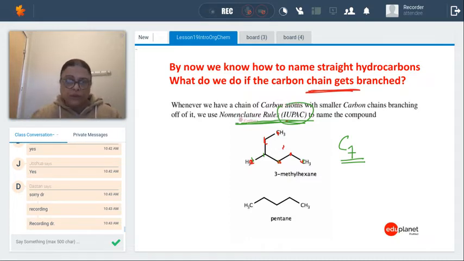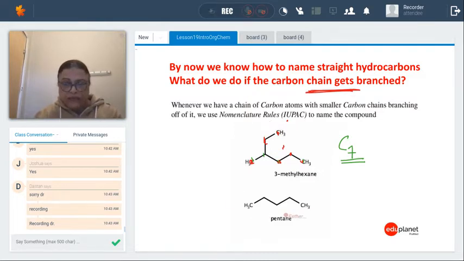And these are called the nomenclature rules of IUPAC, the International Union of Pure and Applied Chemistry. The rules we will learn today, and when we finish, the minute we hear the name, we know the structure.